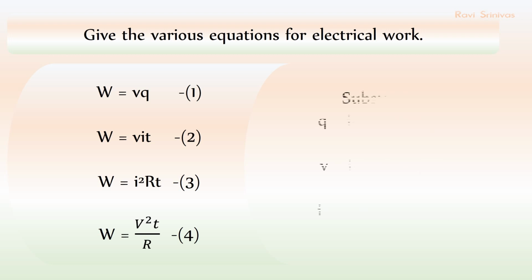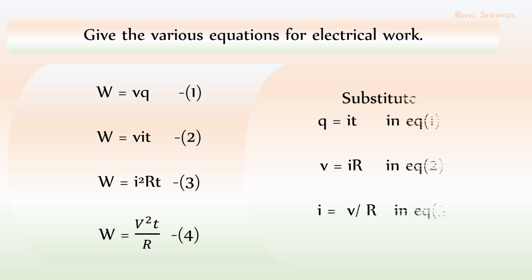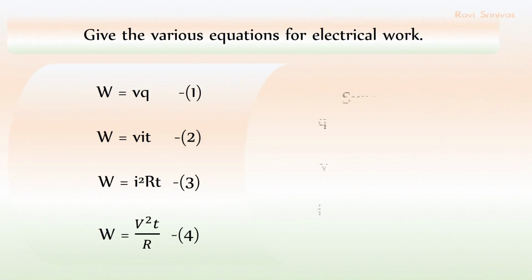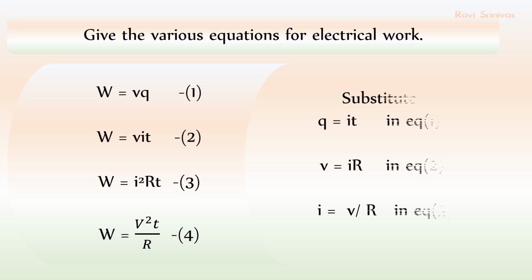For charge Q, we will substitute Q equal to It, which we get from the definition of current, and we get the second equation W equal to VIt.